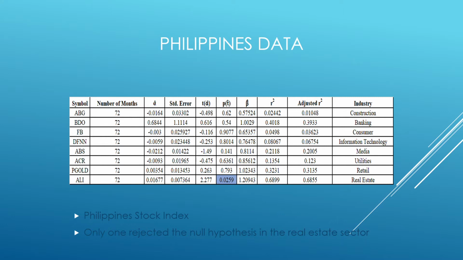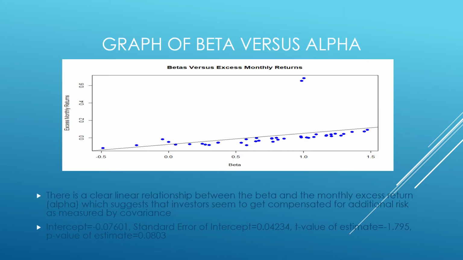And with that being said, here is the graph of the betas versus the excess monthly returns. And as you can see, there is a positive correlation between beta and the excess monthly returns, which means that there's definitely credence to believe that the capital asset pricing model holds for emerging market economies, at least for this sample. And below are the statistics for the line of best fit.